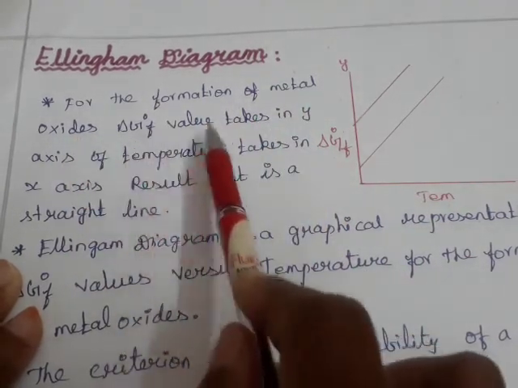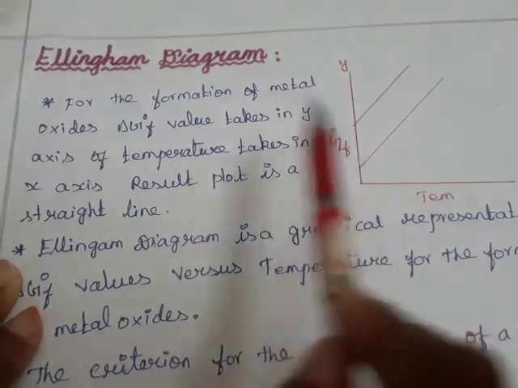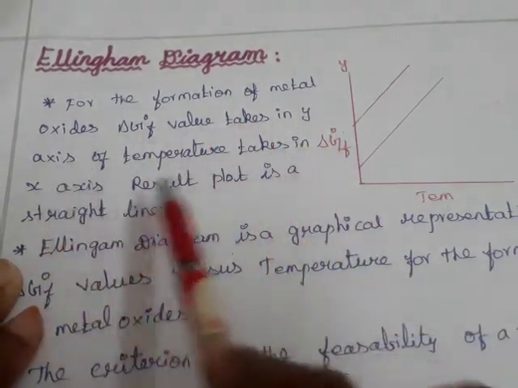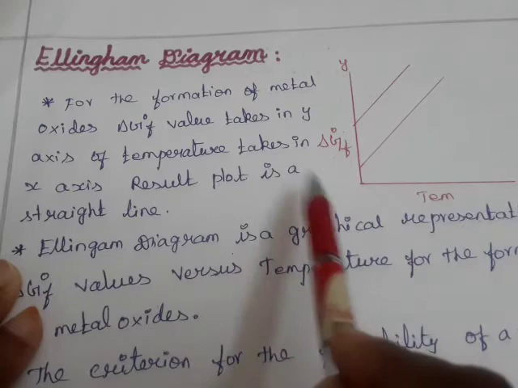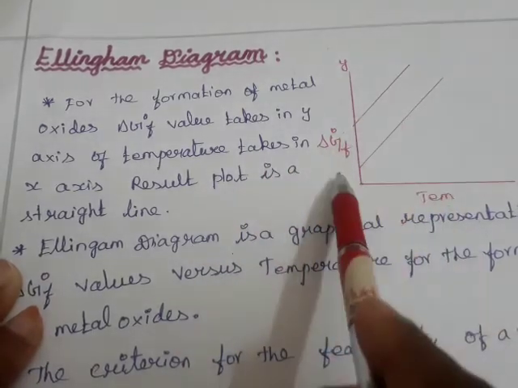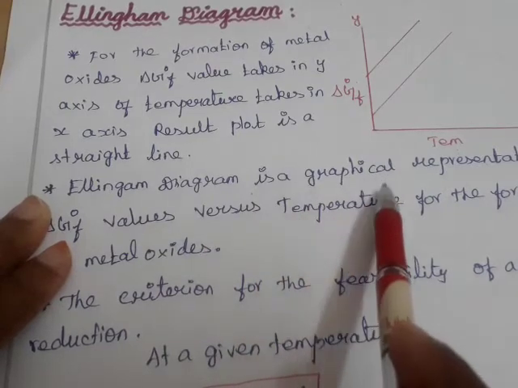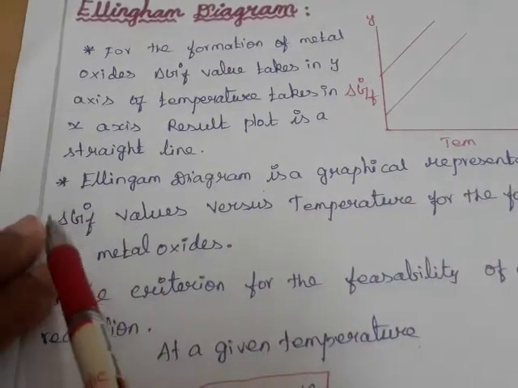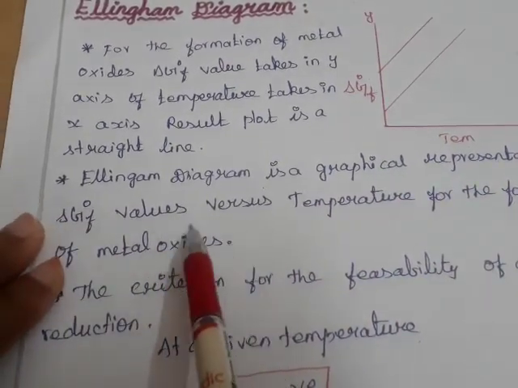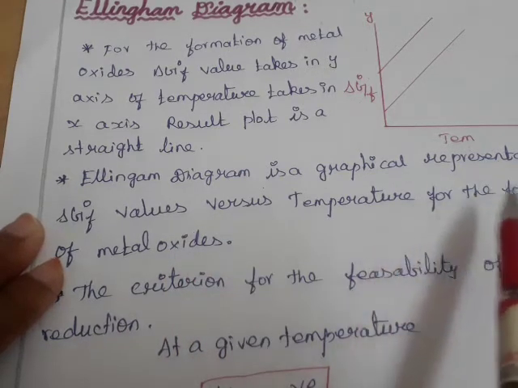Plotting temperature on the x-axis against del G naught of formation on the y-axis gives a straight line.